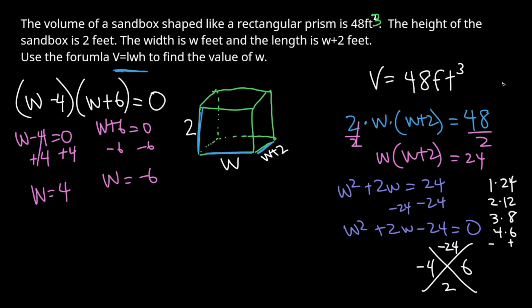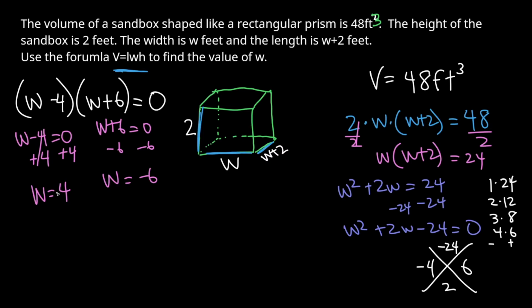So this is an application problem, so we always need to make sure our answer makes sense. Now, if this was just a math problem with no application, then we are done here. W equals 4 and W equals negative 6, and that would make sense. But it doesn't in this case.